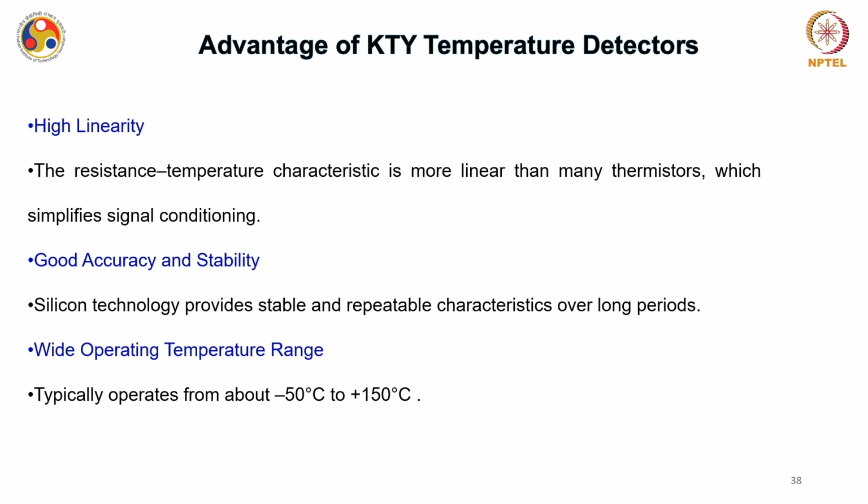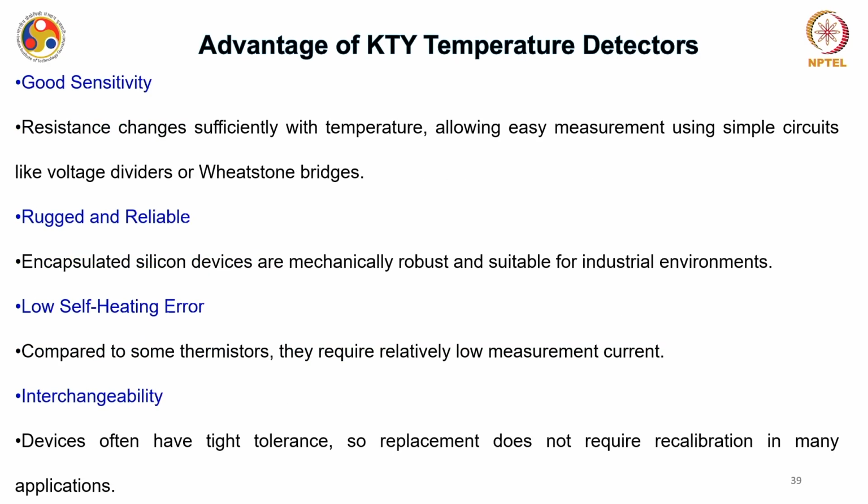Similarly, the KTY semiconductor temperature detectors have high linearity, which is one of the advantages, although there is a mild non-linearity that we have seen. They have very good accuracy and stability, and a wide operating temperature range, anything from -50 degrees Celsius to around 150 degrees Celsius or even a little higher. They have good sensitivity, and are rugged and reliable in nature. They have low self-heating errors compared to other devices that we will talk about.